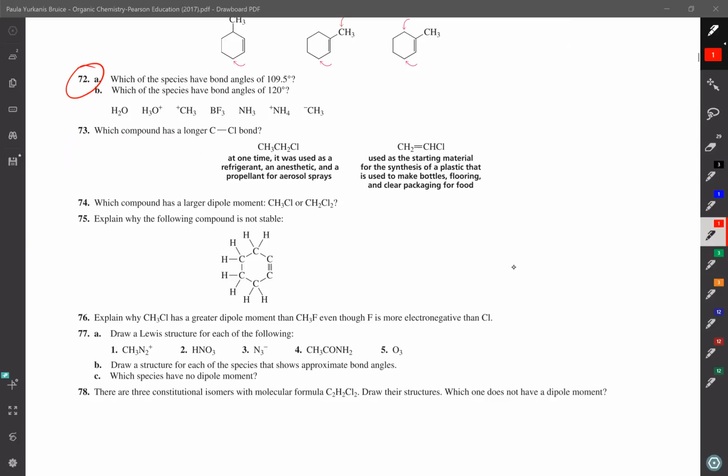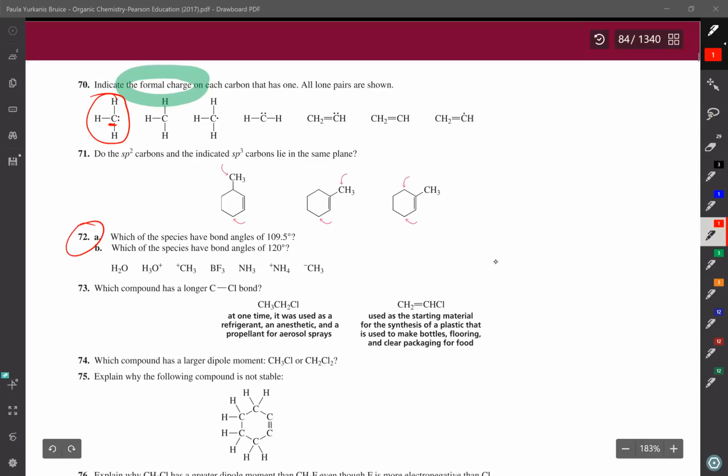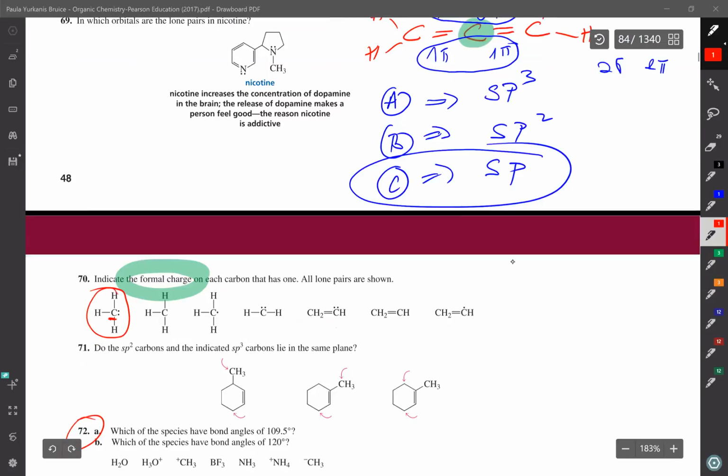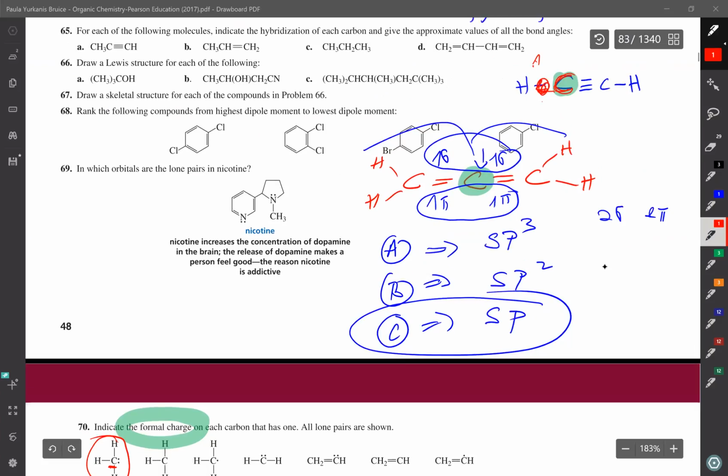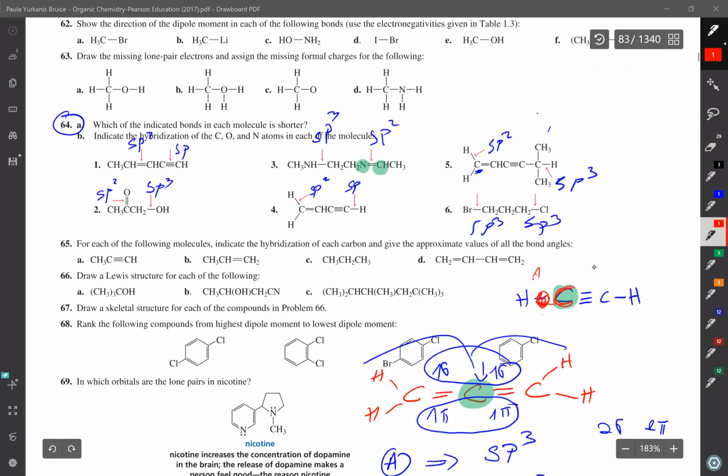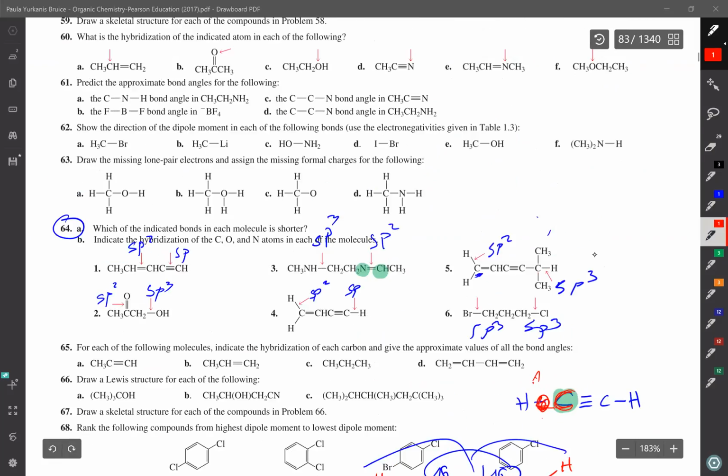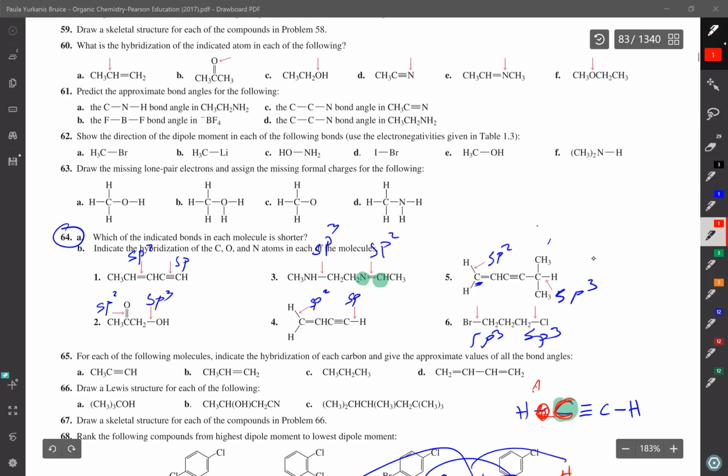If there is a huge difference in electronegativity between atoms in a bond, then that bond will be described as polar. And the sum of the individual polarities gives what we refer to as the dipole moment of a molecule. Those are the things I want you to remember for chapter 1.